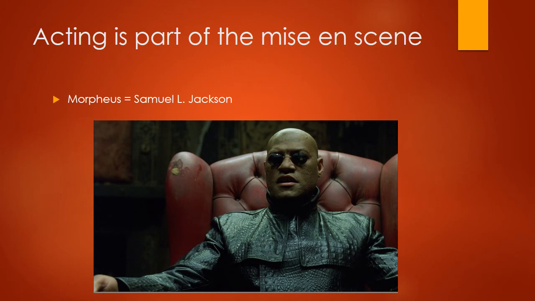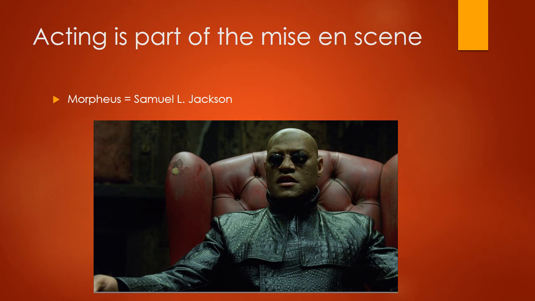If you were to look at this famous shot from The Matrix, we see all kinds of great things in this. We see the props in the background that tell us something about where they are. It's clearly somewhat run down. That chair that Morpheus is sitting on has a number of stains on it. It's very dusty.